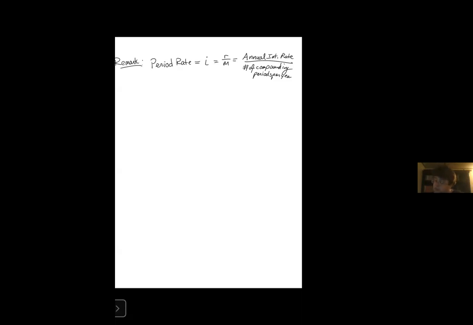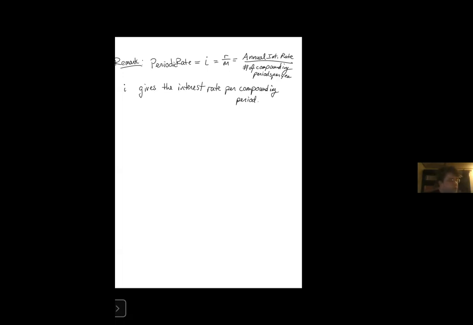So periodic rate is i, and it's defined by that. i gives the interest rate per compounding period.